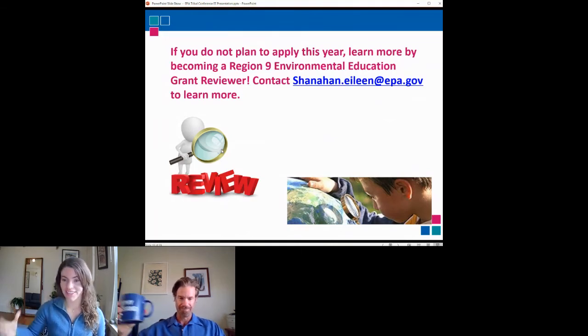So if you're just interested in learning more about the environmental education grants but aren't ready to apply yet, a good way to gain familiarity with them is to become a reviewer. We have external and internal reviewers of the grants. Three people review each grant application, and it's a mix of EPA staff as well as members of the public who share their resumes and have some experience in the environmental field or education.